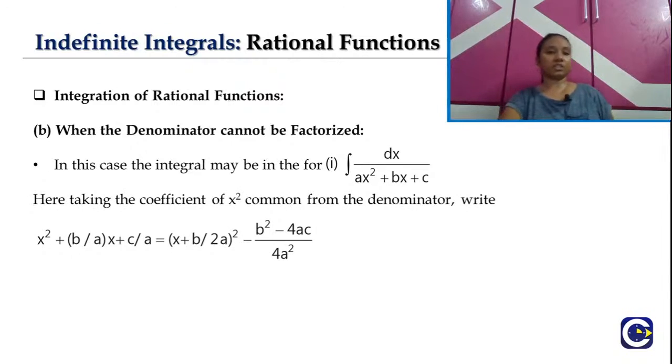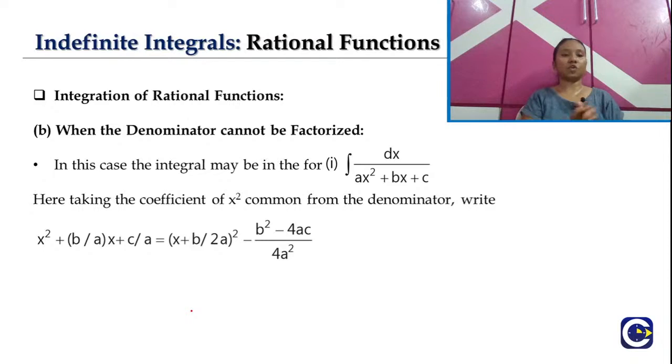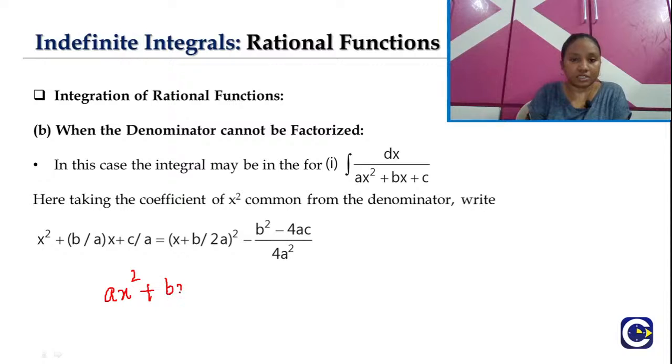So here comes our next type. In our first type of rational functions, we saw the case where the denominator can be factorized. What will be the other case? Where the denominator cannot be factorized. If I have a quadratic equation in my denominator, that is ax square plus bx plus c, we already know that it is not necessary that every quadratic polynomial can be factorized.